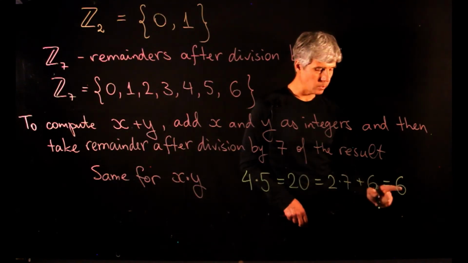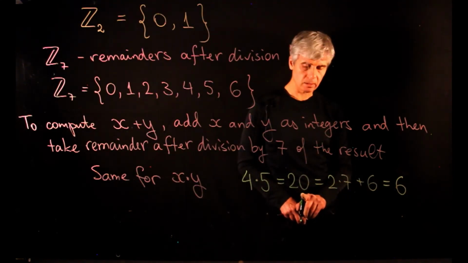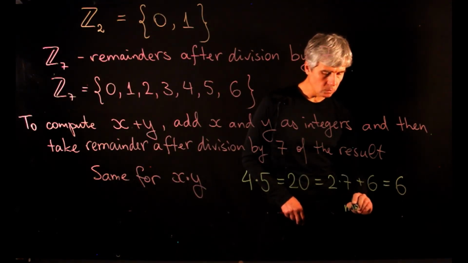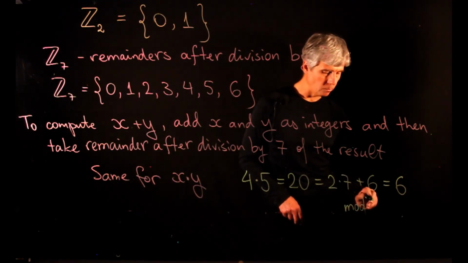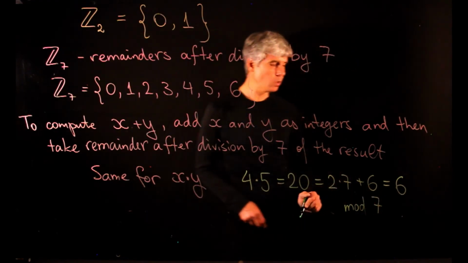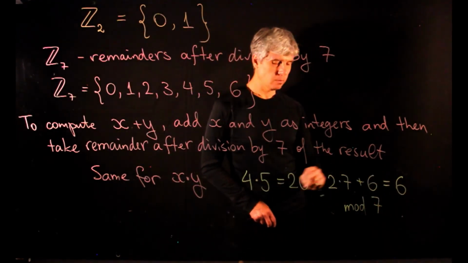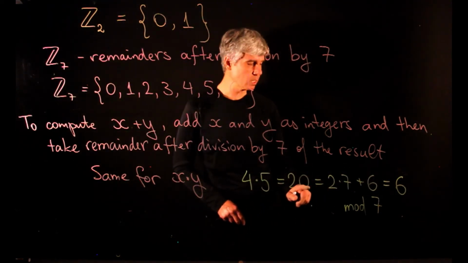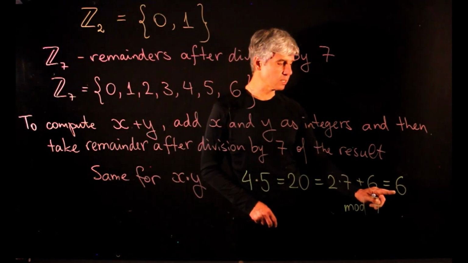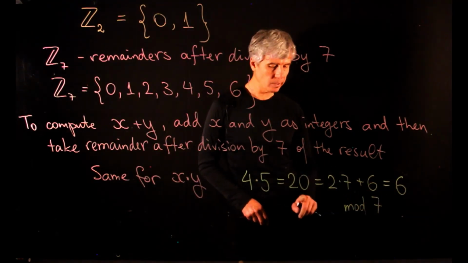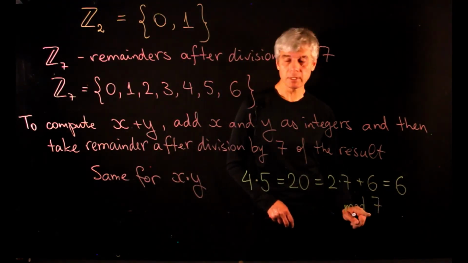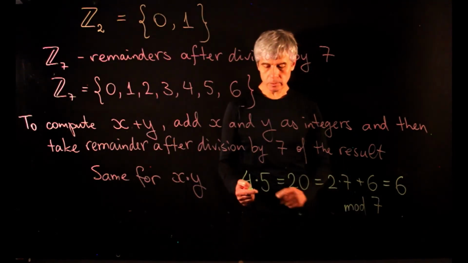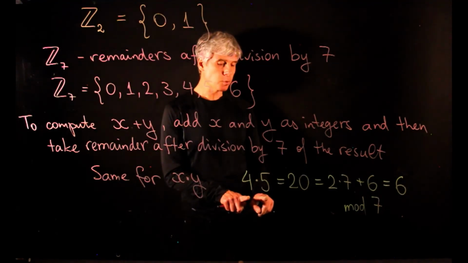And so here we're going to write that this is equal to 6, right? Okay, so here we're writing a little bit of a nonsense. We're writing that 20 is equal to 6, and we're going to write a magic word mod 7 to show that here we only talk about remainders after division by 7. So writing that 20 is equal to 6 mod 7 means that 20 has a remainder of 6 after division by 7. So this gives us the product.